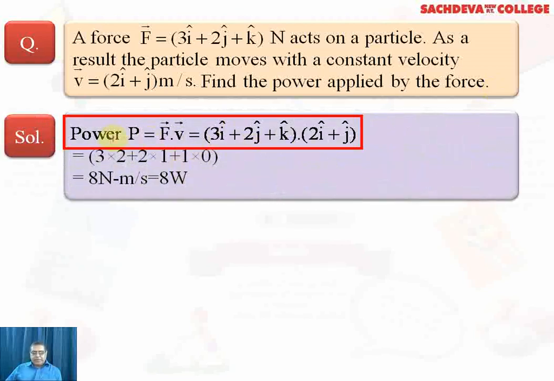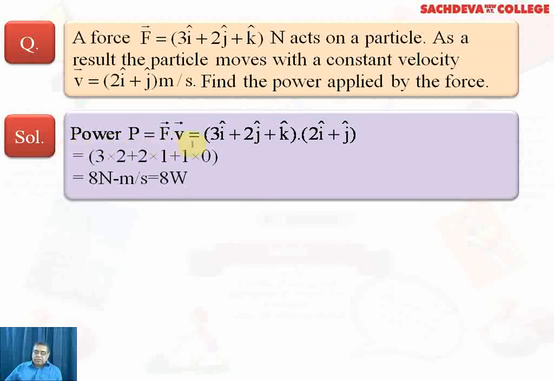Power is P, and we calculate the dot product of F and V. We take the coefficients of i and multiply, then we take the coefficients of j and multiply, and then the coefficients of k, which will be 1 into 0. We multiply these coefficients and add them, and the net result is 8 newton meter per second, which is equivalent to 8 watts.